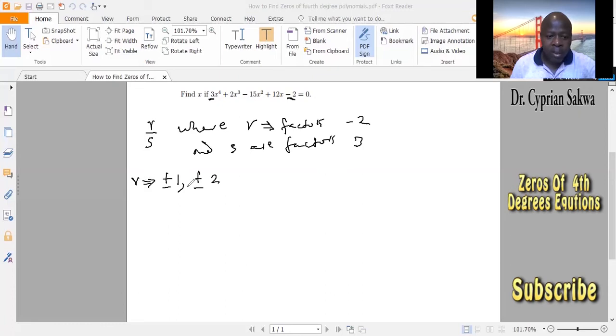And our possible s are the factors of positive 3, which are plus or minus 1 and plus or minus 3. So we have our possible r and our possible s. So what are our possible roots? If this equation can be factorized, then one of its roots must be one of the following.